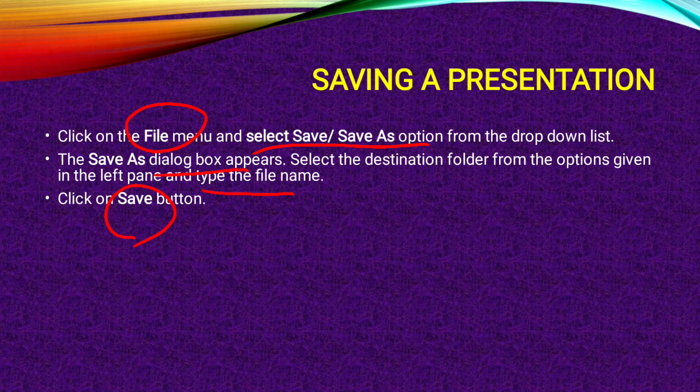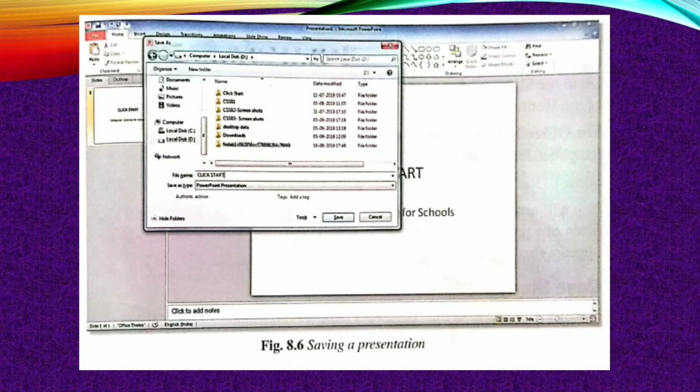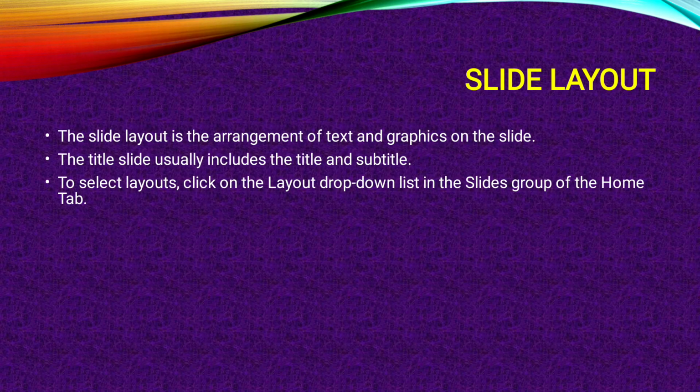This way you will be able to save your file. Here I just repeat the steps: go to File, select Save As, write down the name of the file, click on Save and your presentation will be saved.